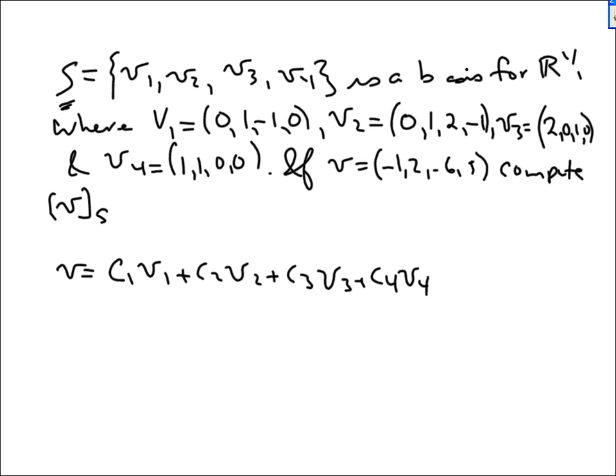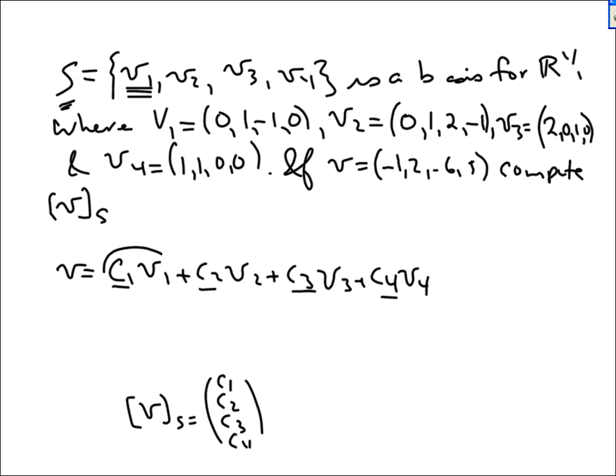So it turns out that [V] sub S is going to be C1, C2, C3, C4. It's just going to be the scalars. In order, though, that is, since V1 is first, I better have a scalar times vector V1 first.